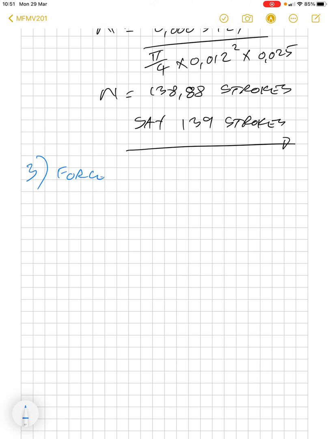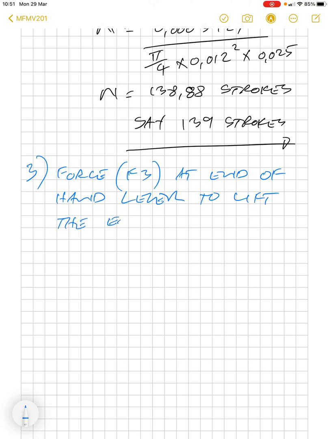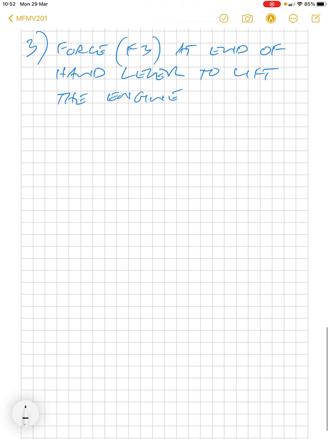We want to know what is the force F3 at the end of the hand lever to lift the engine. Mechanical advantage is 24 to 1, so that's like the lever advantage.